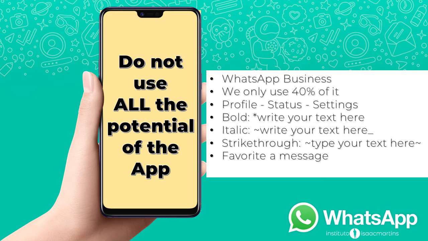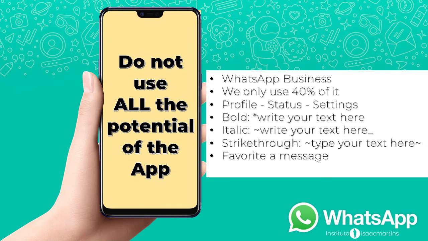But maybe you ask yourself, oh, Professor, I already have my WhatsApp Business installed. Congratulations, manager. That's how you do it. But did you know that most people who use WhatsApp Business, who have this app installed, only use 40% of the available features? So that's the point. First, you install WhatsApp Business.